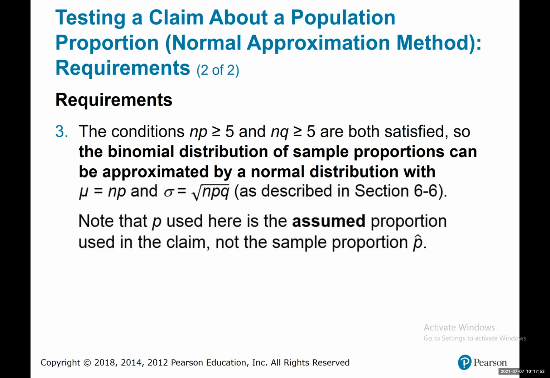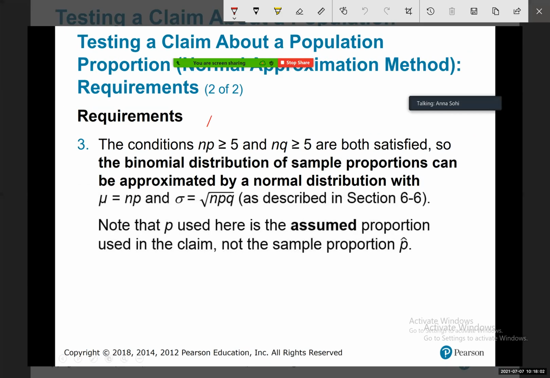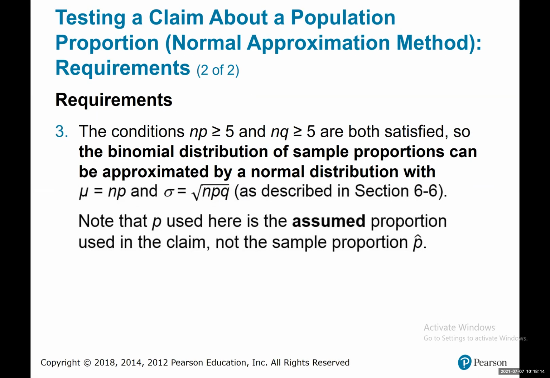Sometimes in order to find the failures and successes, the numbers are not given, so you multiply n, the total, by the proportion. This is a recall from our previous lesson. I'm giving you a minute to copy it down.